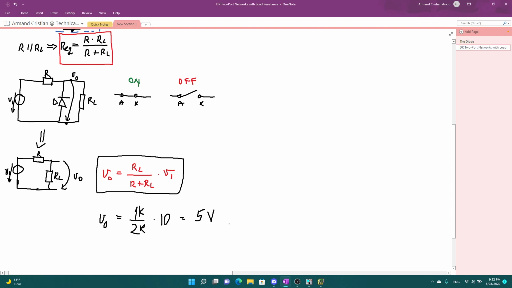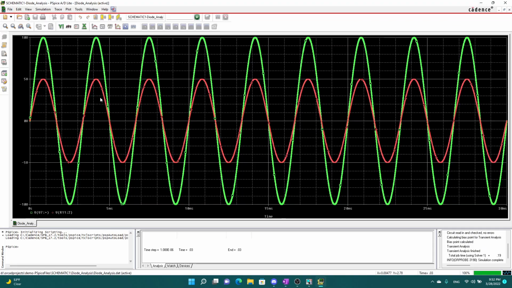So we have exactly 5 volts. So then our output is limited to 5 volts, as we can see in this waveform here.